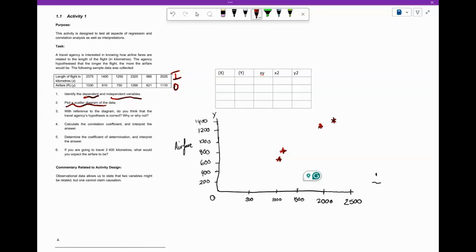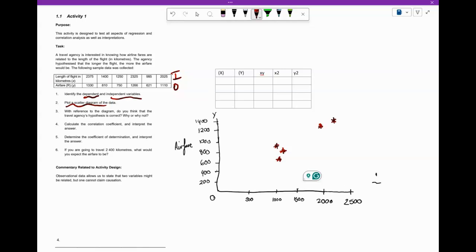Then 985, so that's about here somewhere, and then 1100, somewhere here. Okay, then that is the last one actually. No, I lie. How many do we have? 1, 2, 3, 4, 5.